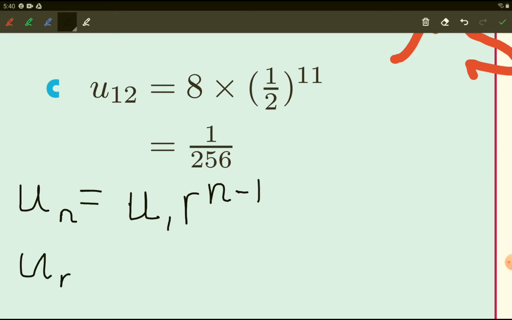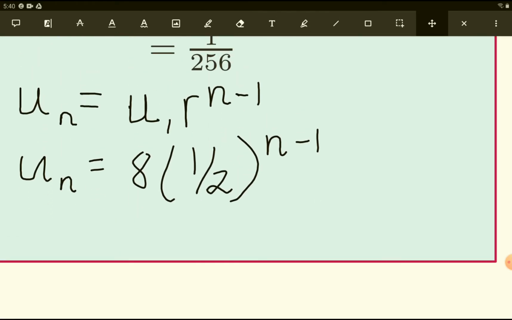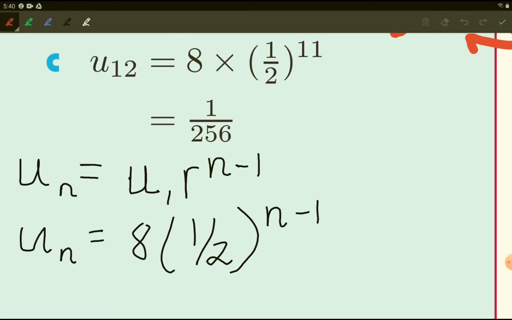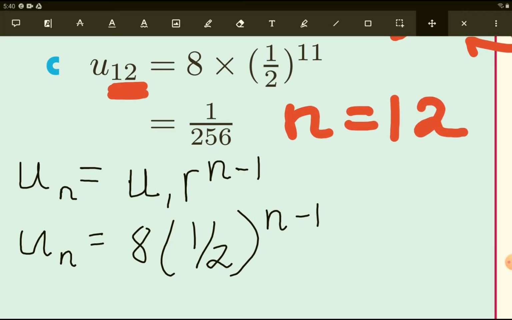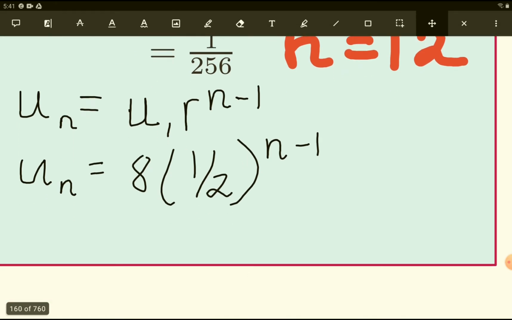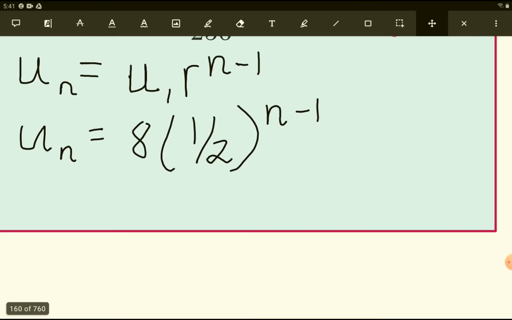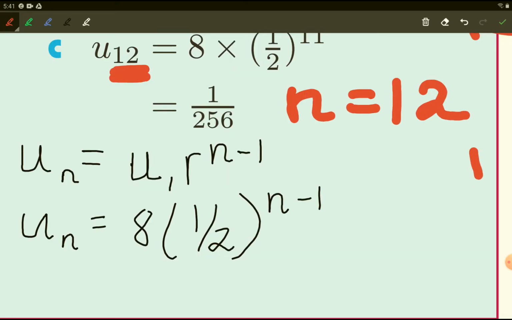So we said that U1 was 8, R was 1/2, n minus 1. But in this scenario, n is 12. So now we're just going to plug in 12 for n, and then we're going to solve. Do you see how they literally just plugged it in?